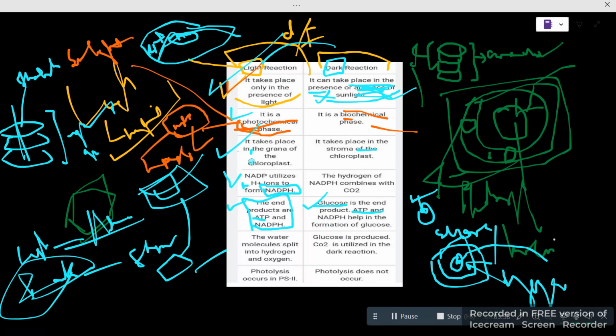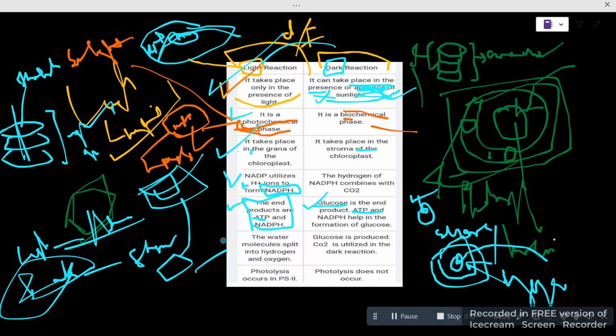As I just told you, the light reaction will be done first, then it will be turned to the dark reaction. The light reaction is done in the presence of sunlight, so indirectly the dark reaction also needs sunlight. When ATP and NADPH are the end products of the light reaction, they will help to form glucose, which is the last or end product of the dark reaction.